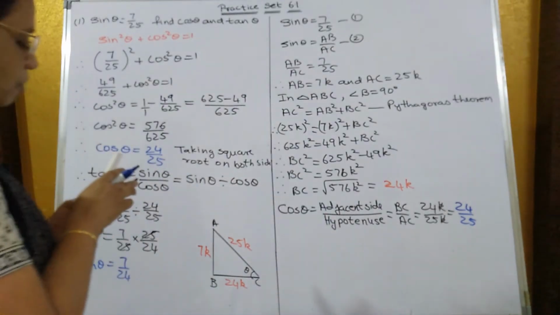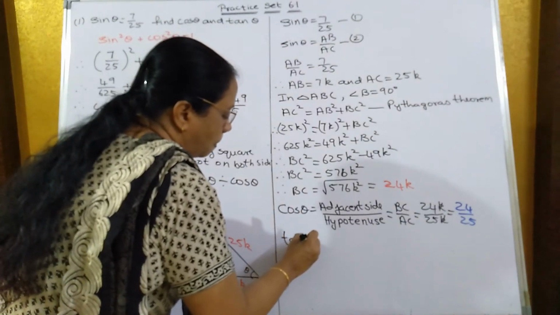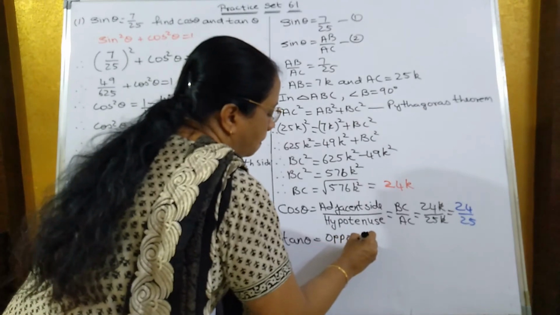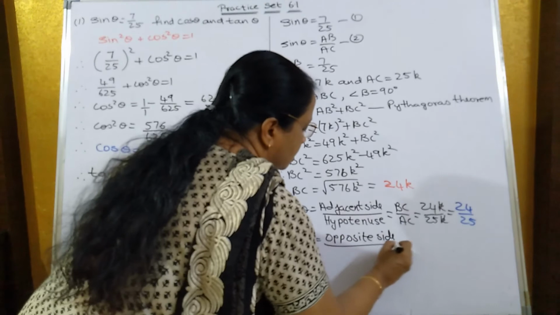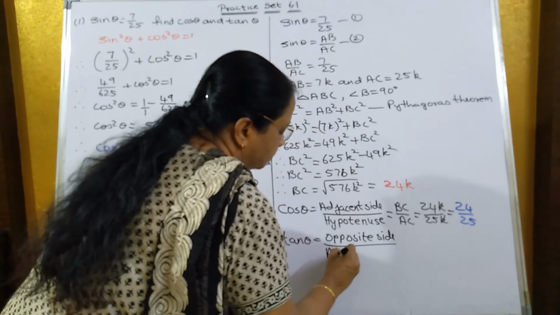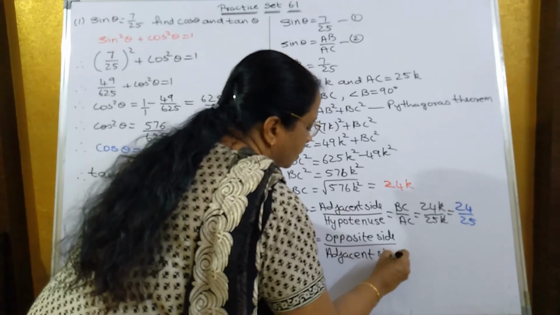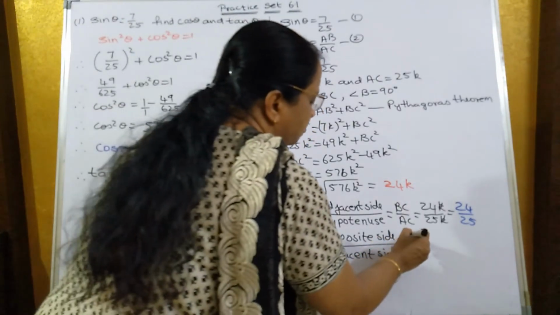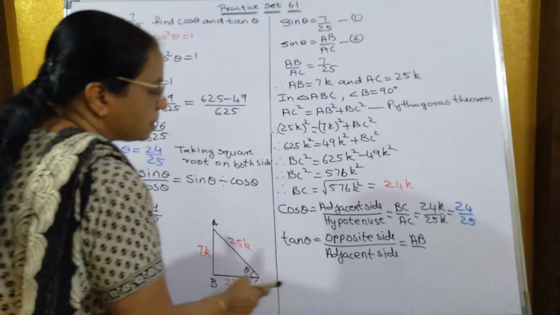Now we have to find out tan theta. So tan theta is equal to opposite side upon adjacent side. Opposite side is AB and adjacent side is BC.